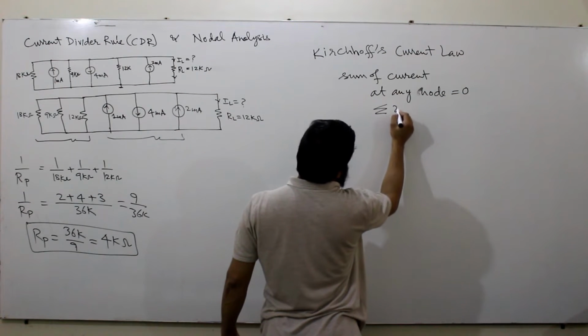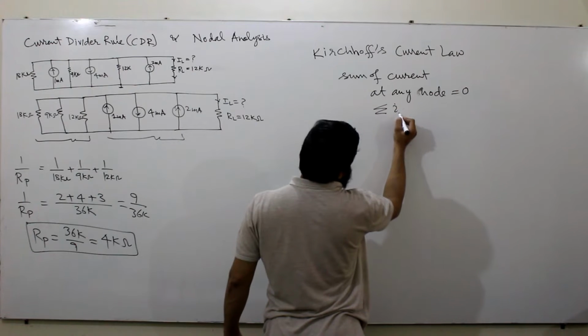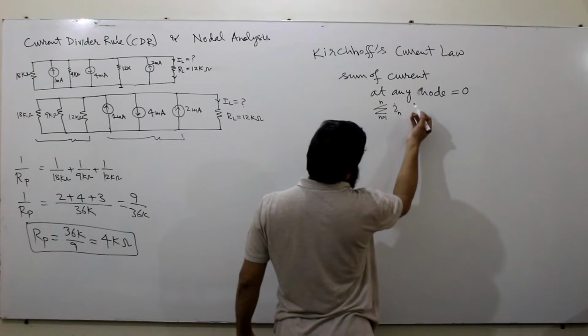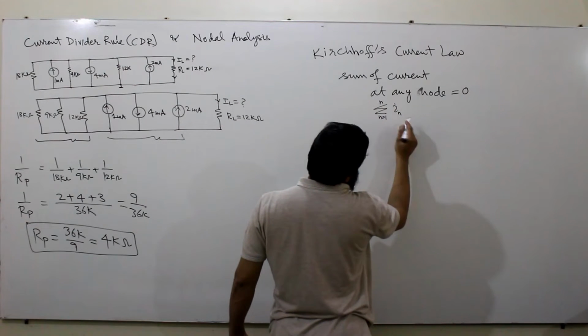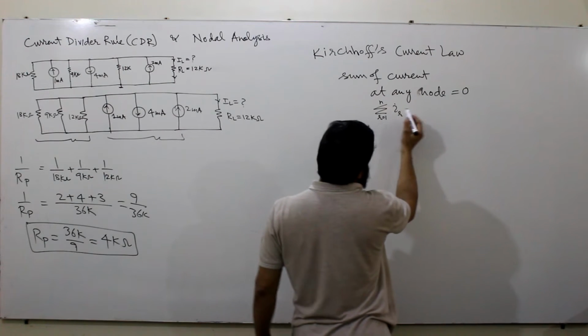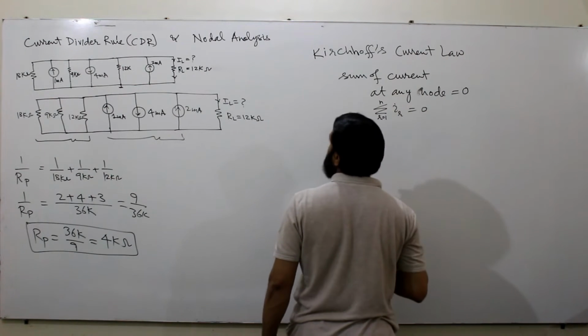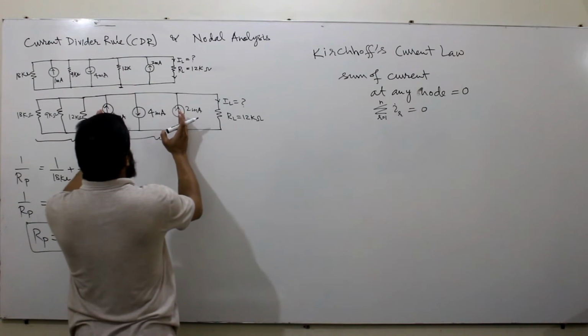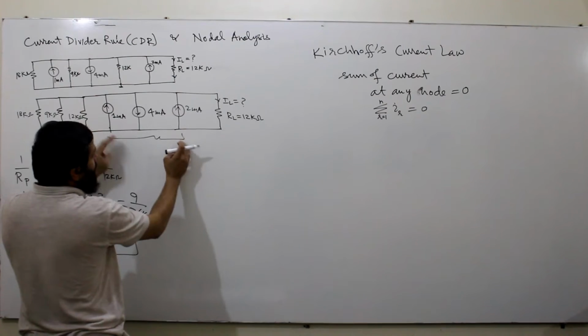Means the sum of currents, I, where n is equal to 1 to n, is equal to 0.